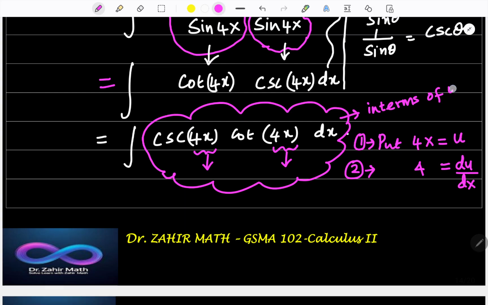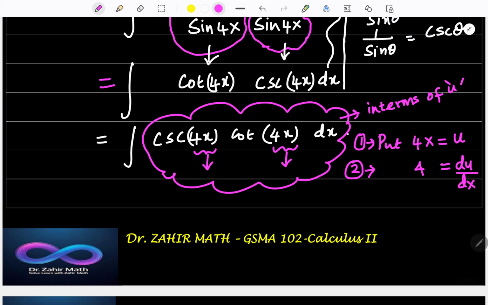That is the main idea of the substitution method. You are going to substitute. Suppose today I am absent from your class and the entire class is taken by another teacher. That is a substitute. There is no Zahir inside your room, another teacher is there. The same thing: substitution means you have to write everything in terms of u.